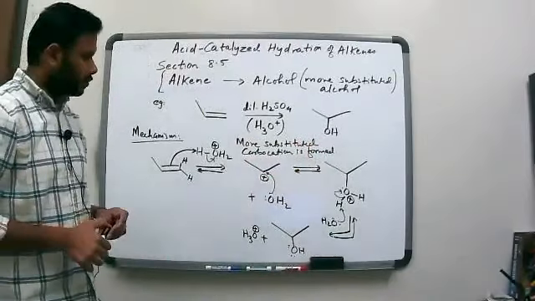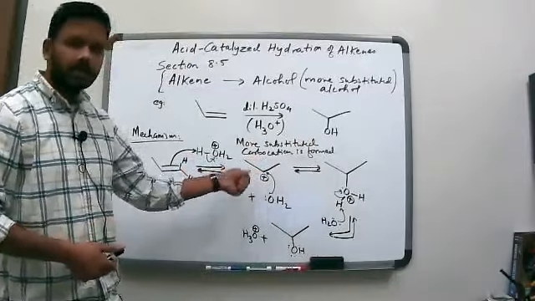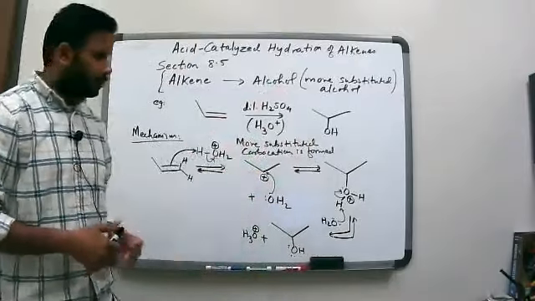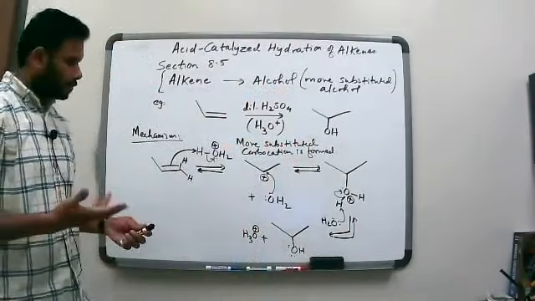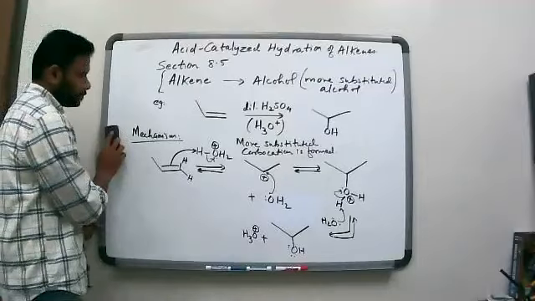Since we have the more substituted carbocation, the nucleophile, which is the water here, attacks that carbocation, so we get the more substituted alcohol. That's the mechanism of a hydration reaction.